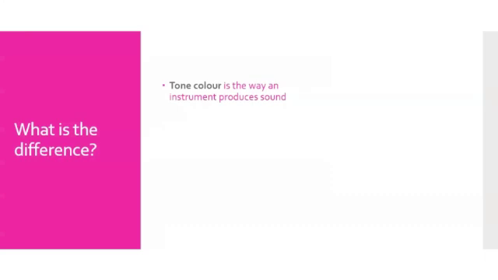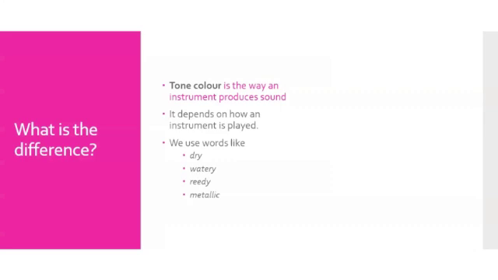Tone color is the way an instrument produces sound. For example, the way a violin produces its sound. It depends on how an instrument is played. For example, pizzicato on the violin has a different tone color to arco on the violin. We use words like dry, watery, reedy, metallic, warm, shrill.